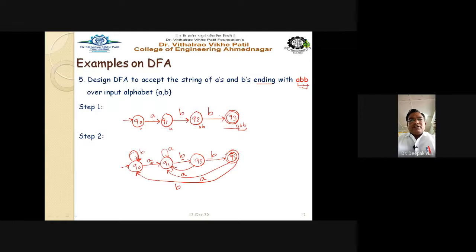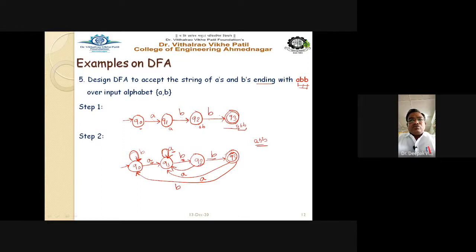Now Q1 on A, the self loop is drawn here. So we are still not disturbing the sequence which we require, that is A, B, B. The self loop doesn't affect the end string, that is A, B, B.